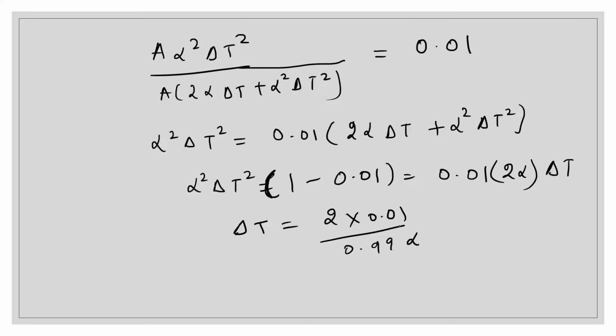Now I have shown you the value of alpha is 24 into 10 to the power minus 6. So if you put it in, you will get the result as this. So you can see that even though the temperature difference is so high, the error is just 1%.